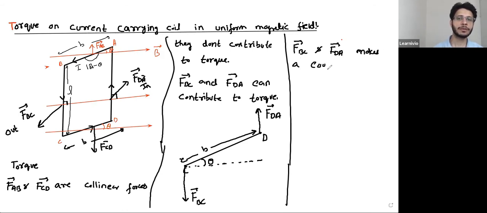So in mechanics, couple means two equal and opposite forces which can rotate the body. In case of a couple, you can calculate torque as the product of any of the force multiplied by distance between line of action.